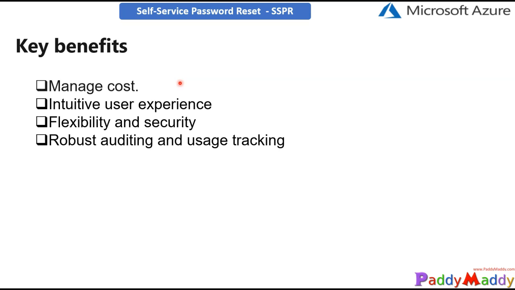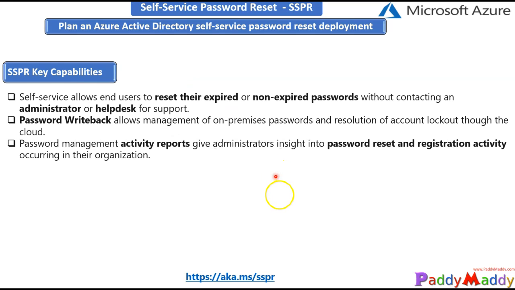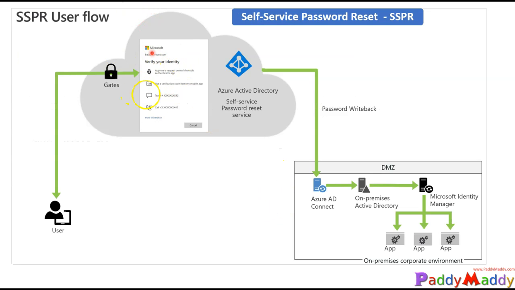It's also more flexible and more secure because we enable it with multi-factor authentication. If you remember the flow from the earlier lesson on authentication, we talked about multi-factor authentication, where we configure end users to verify before they reset. They have to validate with a mobile application, text message, or phone call.